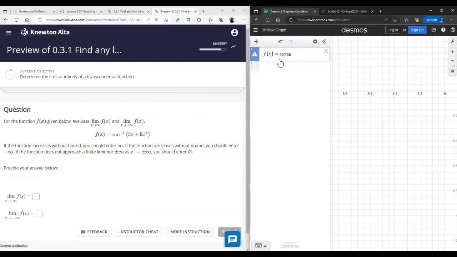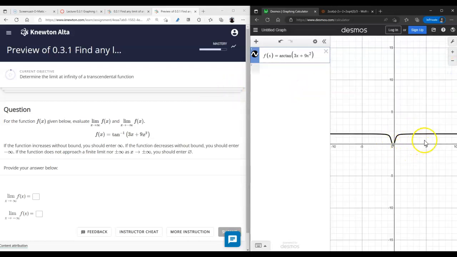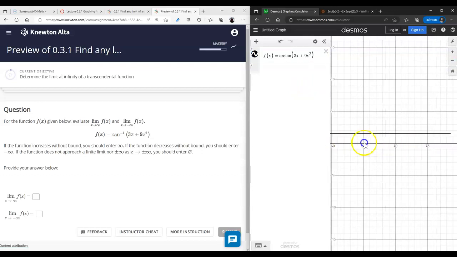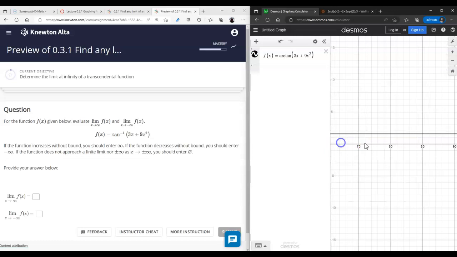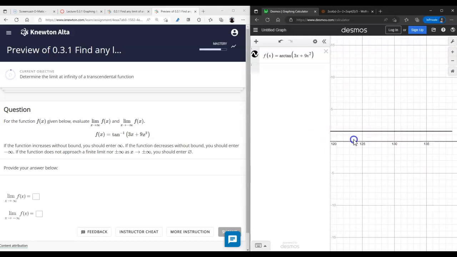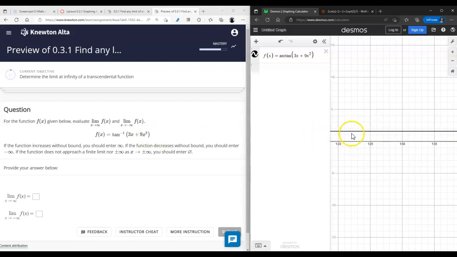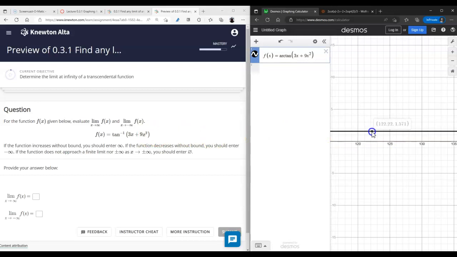So this is the arctan of 3x plus 9x squared. Oh, where's the graph? Ooh, what a beautiful graph. And so as x goes to infinity, it's 1.571.